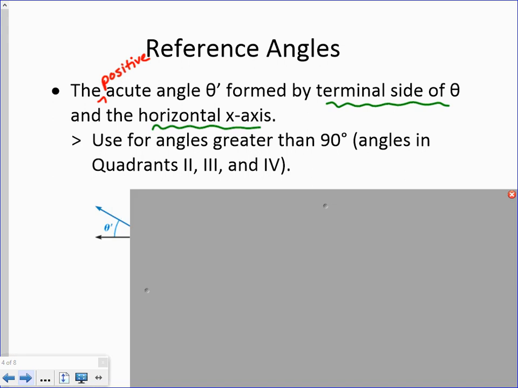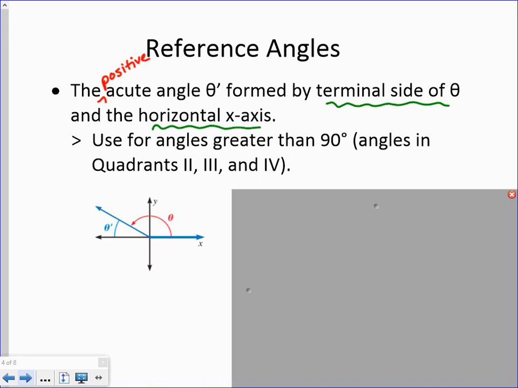Just to put a visual to what the reference angle is, if you want to draw an example, draw an x and a y coordinate plane. We only have it for quadrant 2, 3, or 4, so this is an example of quadrant 2. Draw an angle in standard position, so you would have an initial side on the positive x-axis. You would place your terminal side somewhere in quadrant 2.